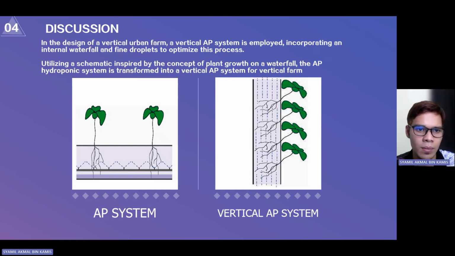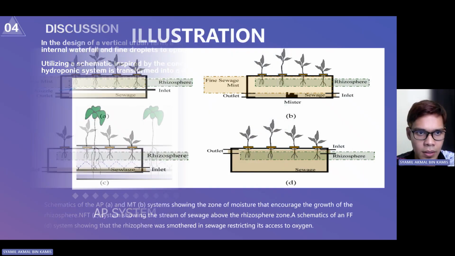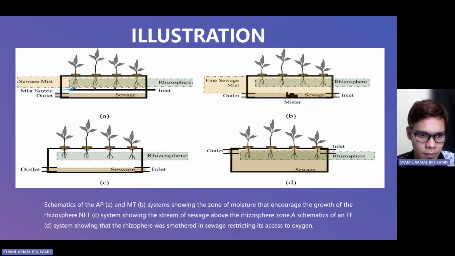The aeroponic system is transformed into a vertical aeroponic system for a vertical farm. This is the straight aeroponic system and the vertical aeroponic system, and on the left side is the horizontal aeroponic system. This is the illustration for the discussion.